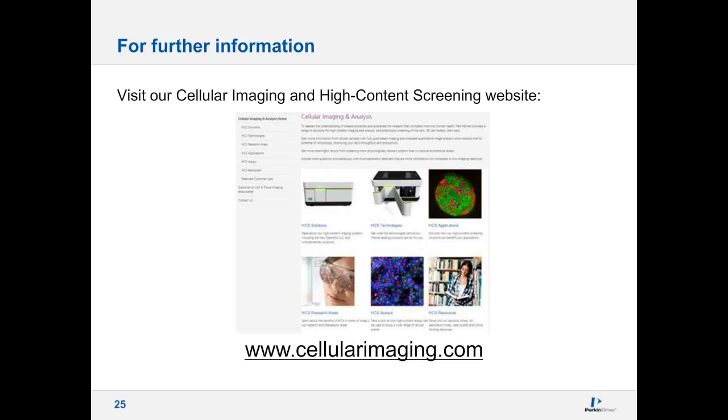Next question. What is the maximal tissue thickness that can be analyzed with the Operetta CLS? Okay, I think that's a question I'd like to answer as well. This will depend to a great extent on the type of tissue you're analyzing. I assume this question relates to typical 3D spheroids or microtissues. We've done extensive work on this type of tissues with different instruments now. And basically, two things are key here.